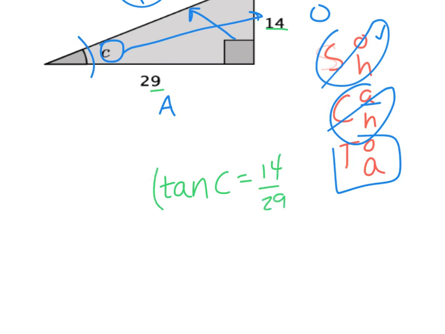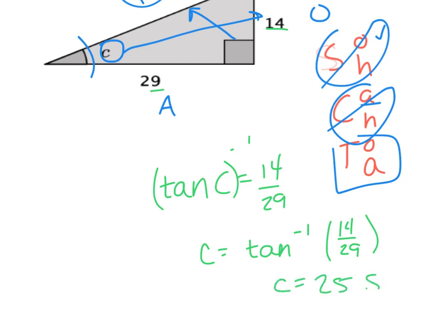I now take the inverse of both sides, and I get C equals tan, or arctan, of 10 over 29. I type that into my calculator, and I get 25.8 degrees. That is your final answer.